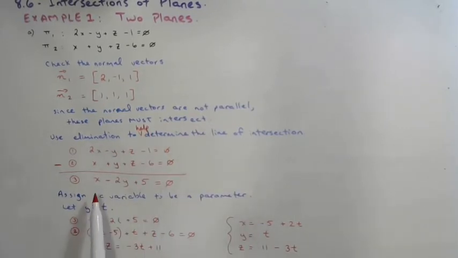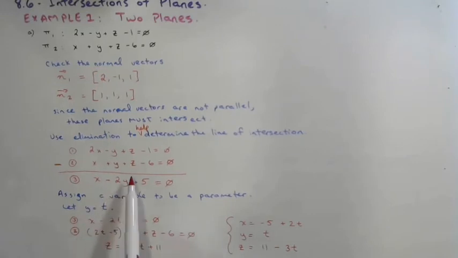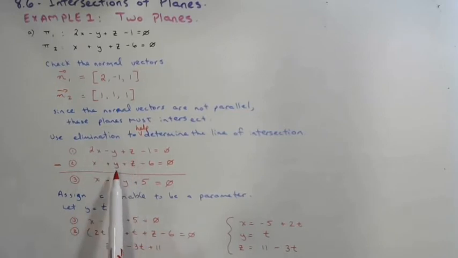All it did was give us a relationship between x and y that didn't involve z. We could have gotten a relationship between x and z that doesn't involve y. Whatever it did, it allowed us to introduce a parameter, which is going to be that scalar multiple of our direction vector for this line, as you can see over here. We're going to write this in vector form yet.